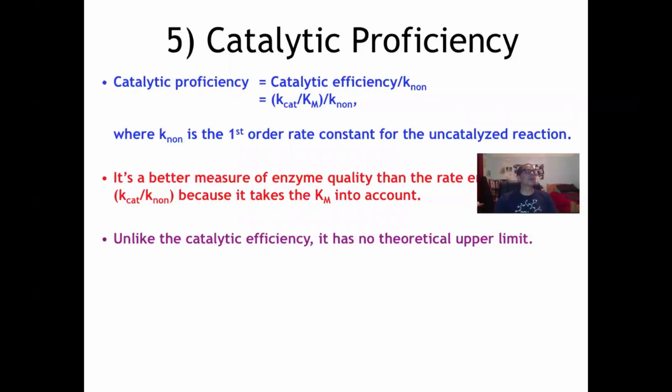As we just learned, the catalytic efficiency has a theoretical upper limit. No enzyme can do better than the diffusion limited rate. And so catalytically perfect enzymes all have roughly the same catalytic efficiency, somewhere in the 10^8 to 10^9 molar^-1 seconds^-1 range.